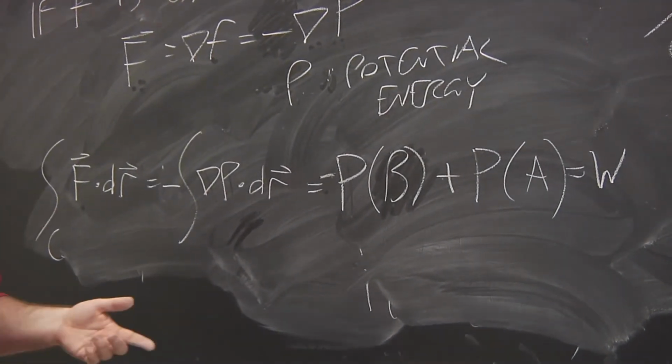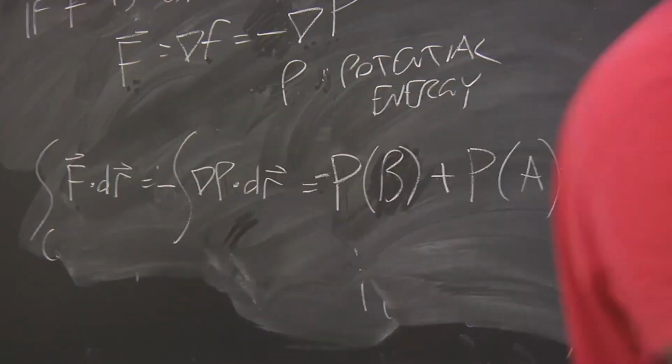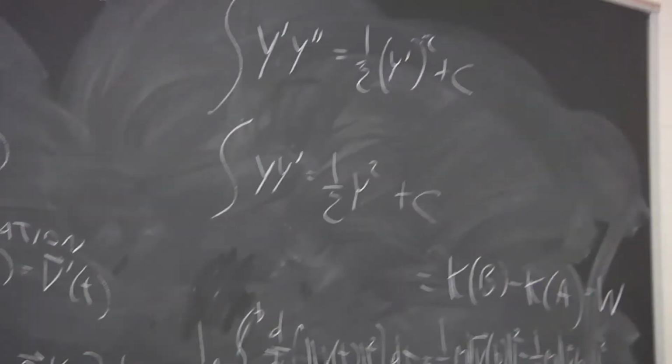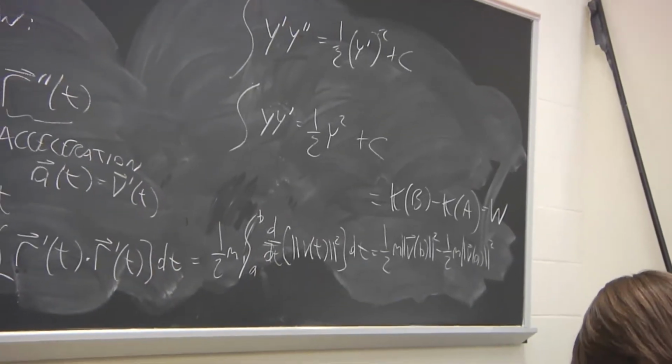So we have two different representations of the work. It's either the change in kinetic energy, or it's minus the change in potential energy.